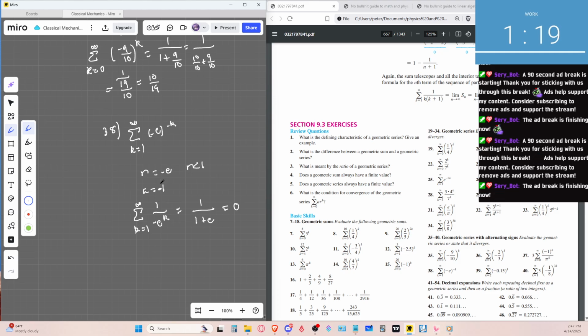So technically it's supposed to be this. I mean, that is still technically correct. We just have the wrong sign. So it's this.